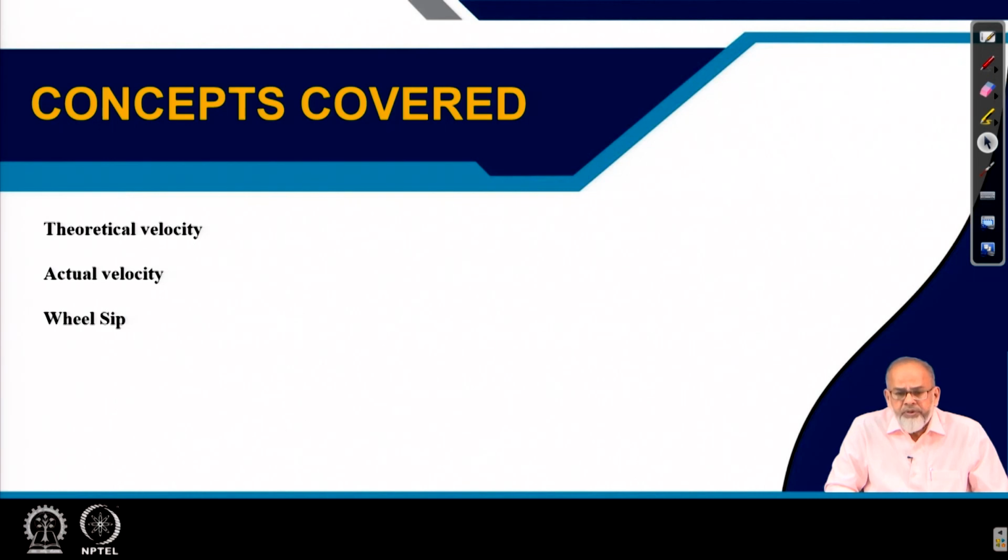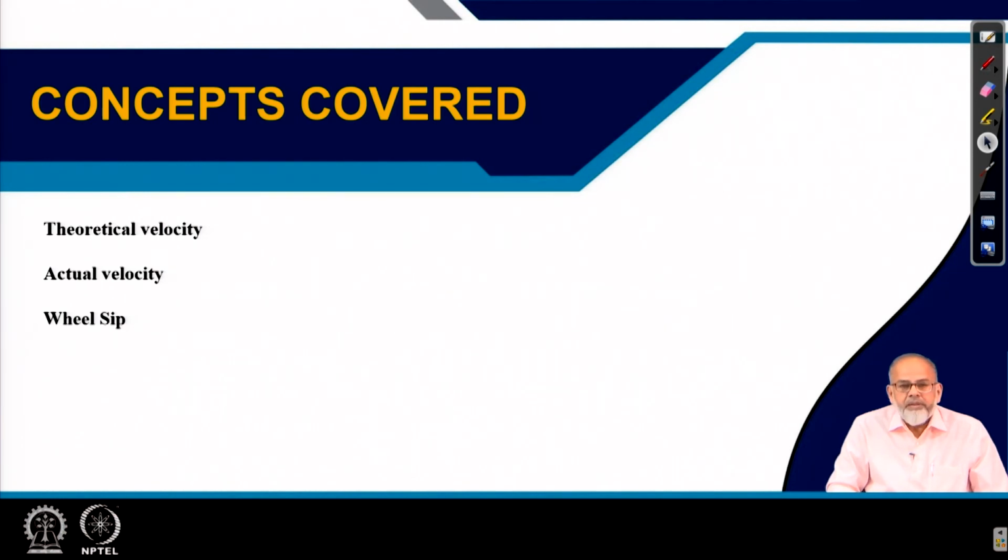When you carry out a tractive performance test, slip is one of the important parameters which has to be mentioned. This much power is developed by a tractor or by a single wheel at this slip. Without slip, it doesn't have any meaning.